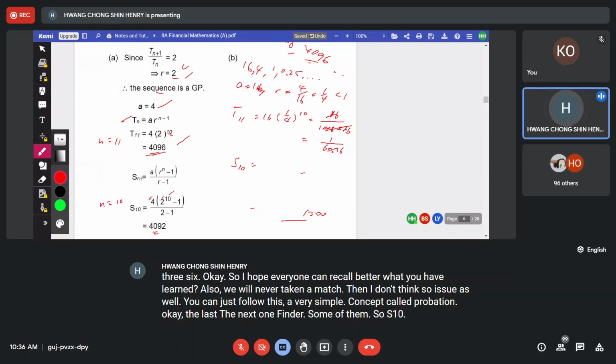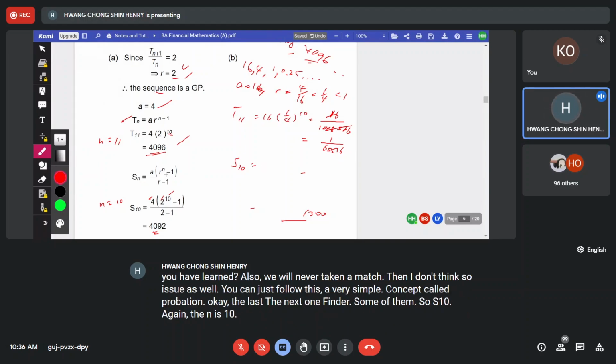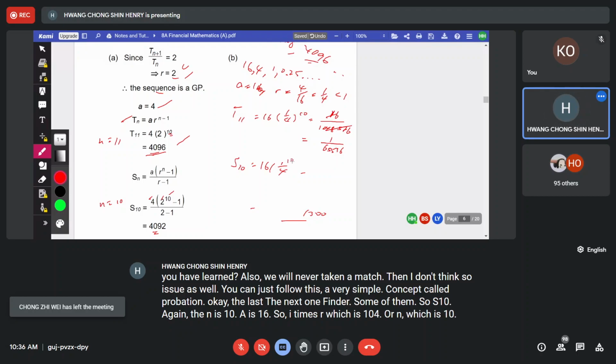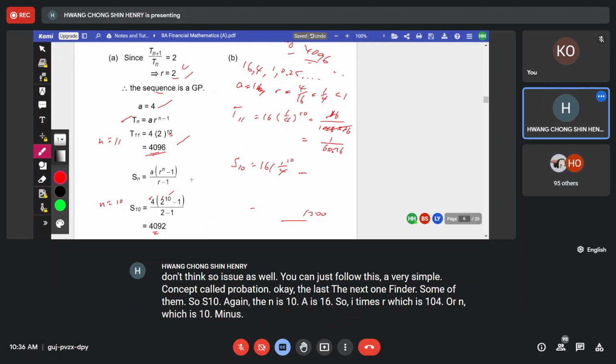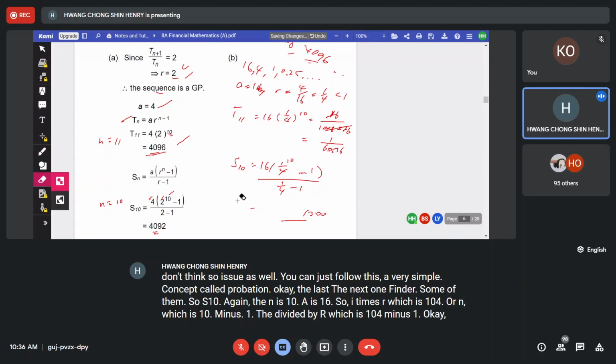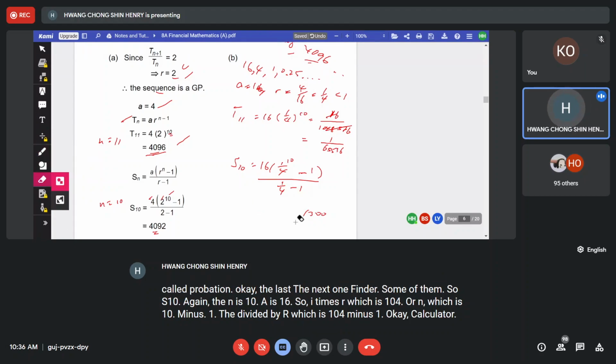Again, the n is 10. A is 16. So I have times R, which is 1 over 4, power n, which is 10, minus 1. Then divide by R, which is 1 over 4 minus 1. Okay, calculator. Make sure you know how to use the calculator.